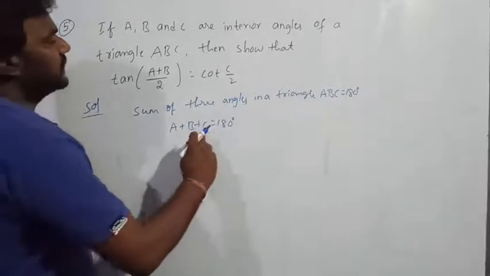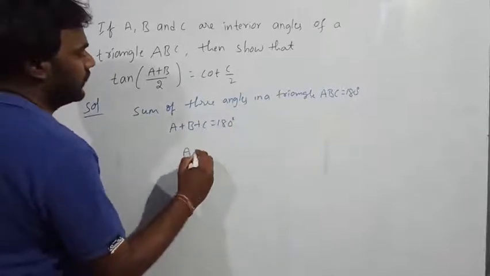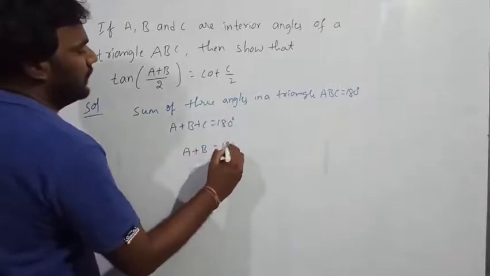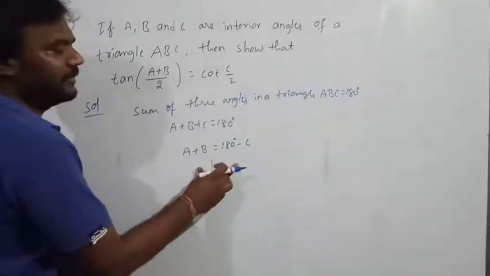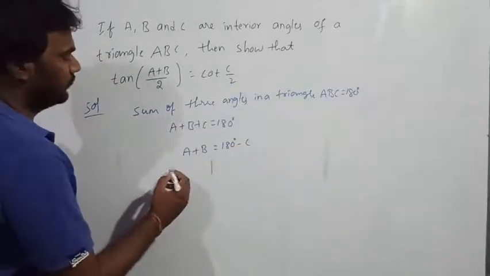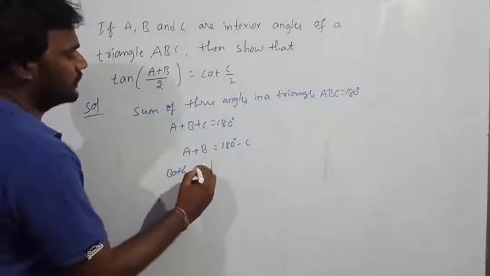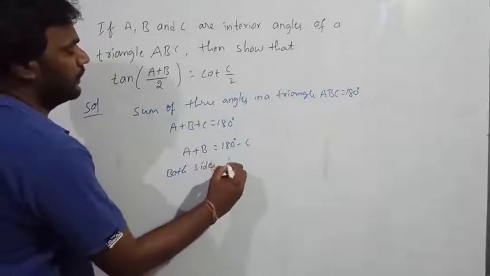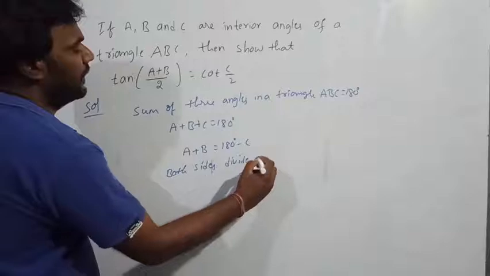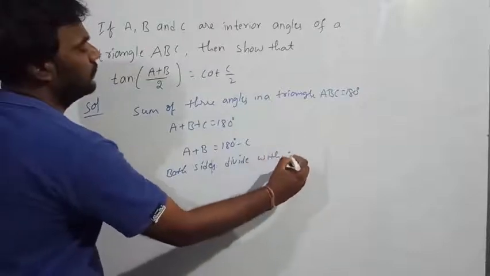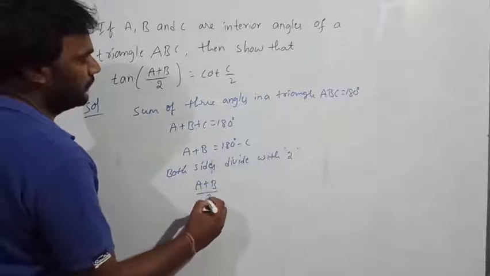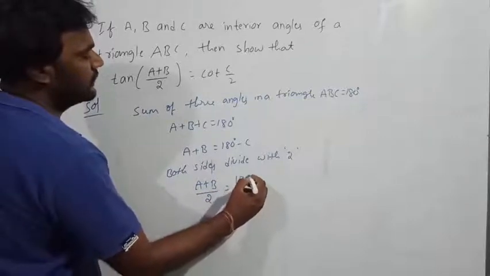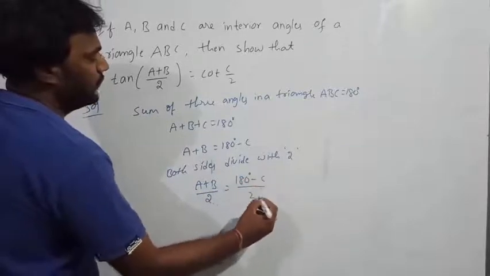Now see, plus C changes to the RHS: 180 degrees minus C. I want it here by 2, so divide both sides by 2. So (A plus B) by 2 equals (180 degrees minus C) by 2.